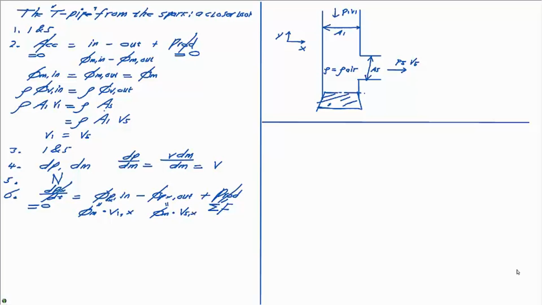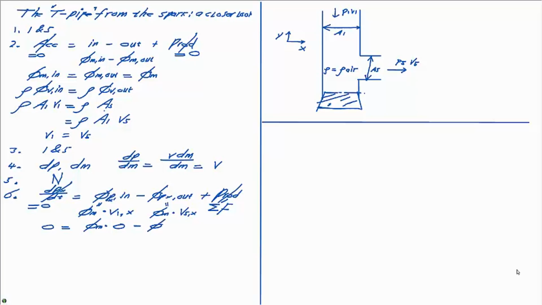Okay, so let's write down the equation again. 0 is phi m times the x component of v1, and if you look at the drawing you see that v1 does not have an x component, so this is 0.